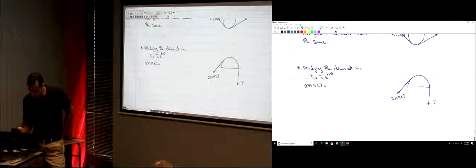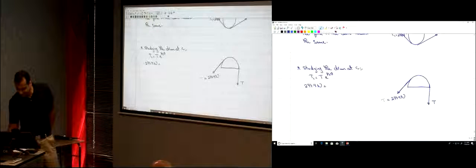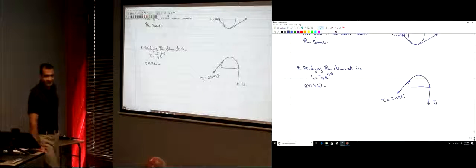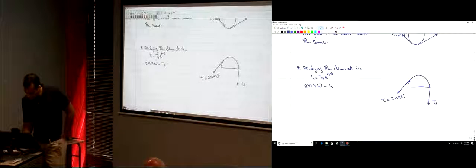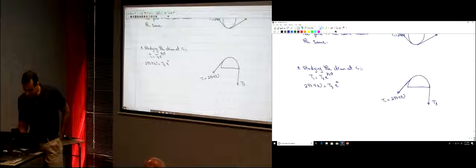So here, I'm just going to write T1 equals T multiplied by... oh, this is T1 and this is T. Let's call it T3. Okay? T1 is going to be bigger than T3. You just need to know which one. So here we have T3 e power mu theta. Mu is 0.25.